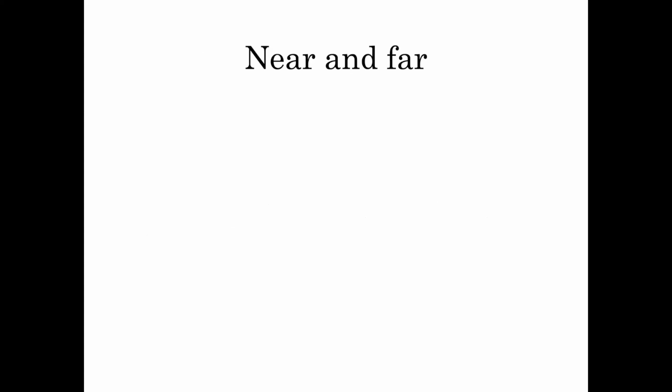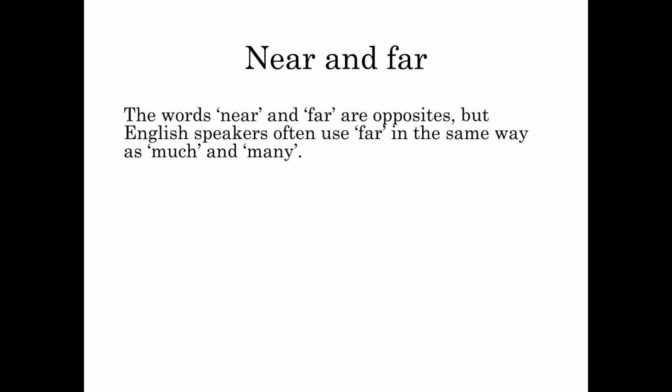Let's move now to the words near and far. The words near and far are opposites, but English speakers often use far in the same way as much and many. For example, in questions, we ask, how far is it?